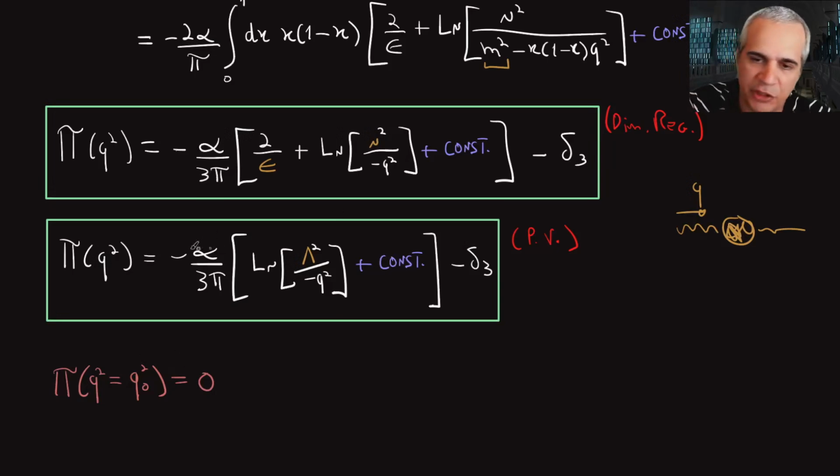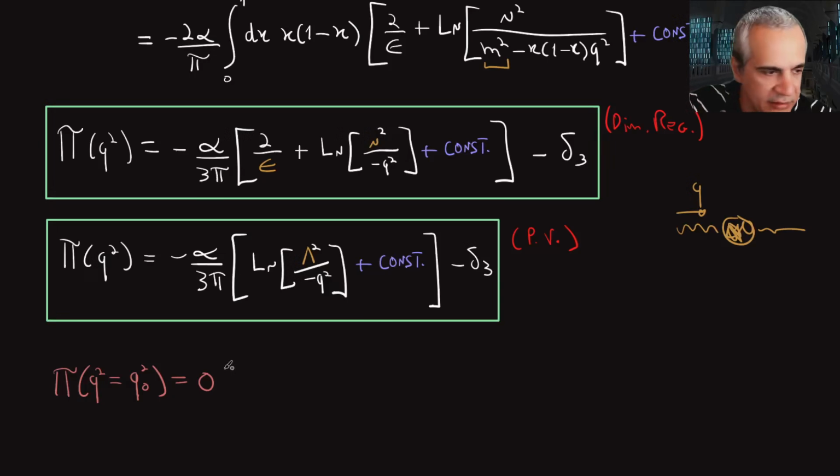I could measure alpha, right, by using, say, a scattering, when this guy is essentially the photon exchanged in a process like that, right? And I could measure the potential or the charge. We know that the whole effect comes from this, right? And that would fix my Pauli-Villars counterterm, right?